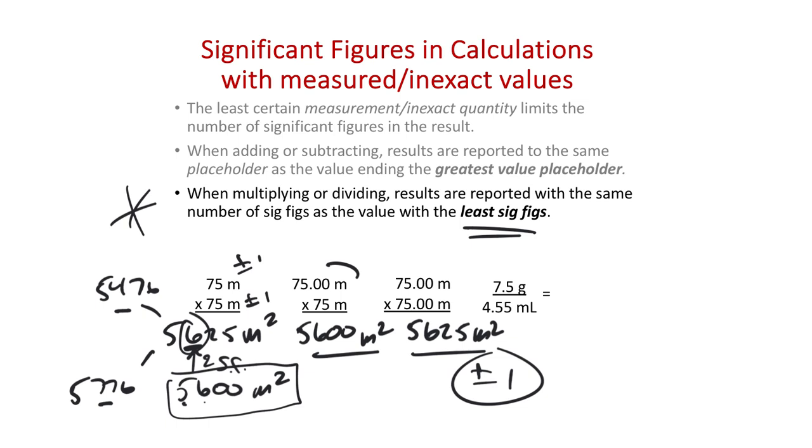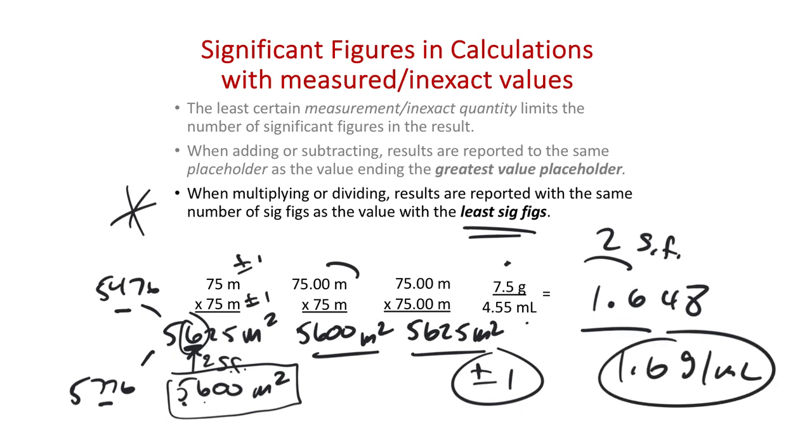Division works the same way. 2 sig figs divided by 3 sig figs, this result should be rounded to 2 sig figs. To do the math, 7.5 divided by 4.55 gives me 1.648. I'm going to round this to 1.6 grams per milliliter to go to 2 significant figures.